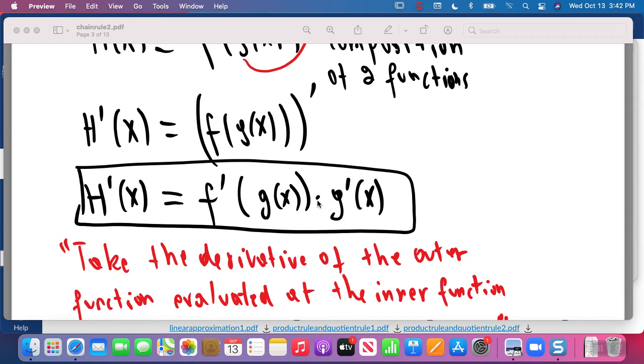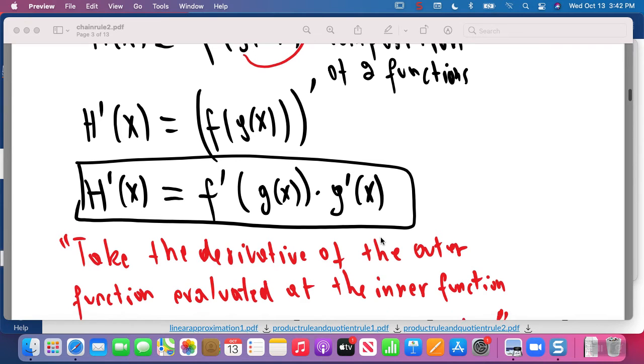And then you multiply by the derivative of the inner function, so you get g prime of x. So the derivative of f of g of x is f prime evaluated at g of x times g prime of x. That's what you call the chain rule. It's a chain, a sequence of derivatives.